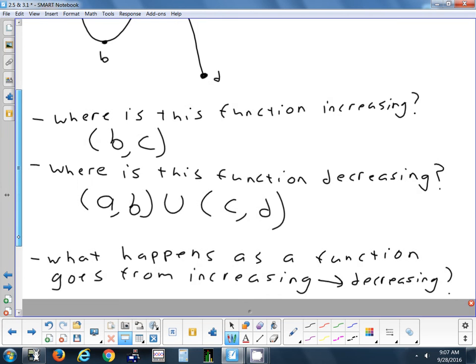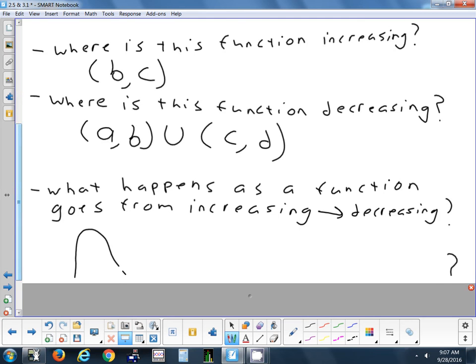So what happens if I went like that? I went from increasing to decreasing. Okay, I did make a curve. That's also a curve, but it doesn't have what I said, because I didn't go from increasing to decreasing. That was just always decreasing.